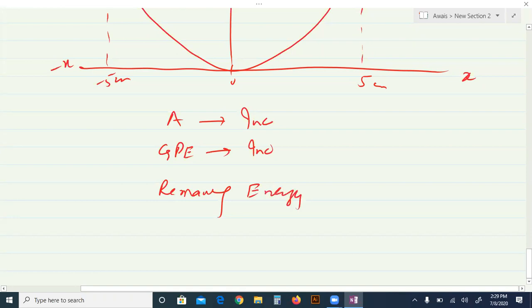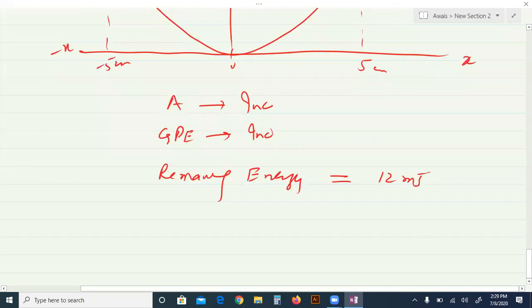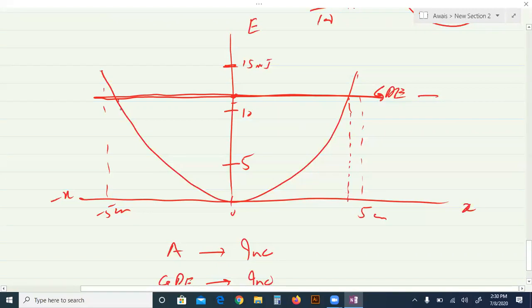So after 20% loss, what is the remaining energy? It is 12 millijoule, already done. So we will draw the graph at 12 millijoule. So this is 5, this is 10, suppose this is 11, this is 12. So here we have to draw a straight line at the 12. Now it is intersecting the first graph at 2 points, and we will find the value on the graph.